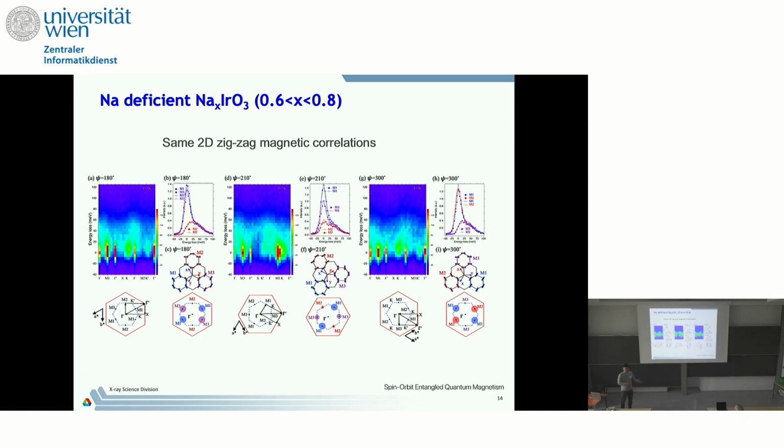But what we found is that the zigzag order is still very robust. The two-dimensional zigzag order, we cannot kill. We killed the 2D order, but the zigzag order is just there. Whatever pattern comes out is exactly the same as sodium iridate. So we failed.